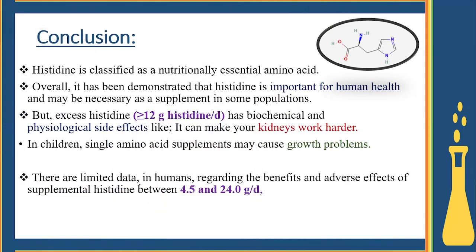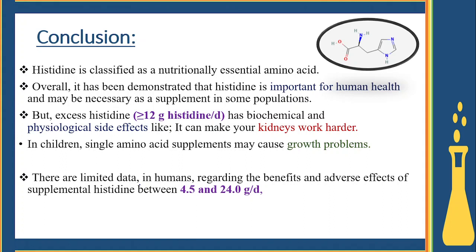Going towards the conclusion, histidine is classified as a nutritionally essential amino acid because we have to take it through our diet. Overall, it has been demonstrated that histidine is important for human health, but excess histidine has biochemical and physiological side effects.